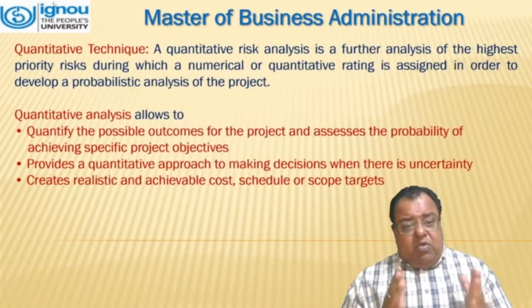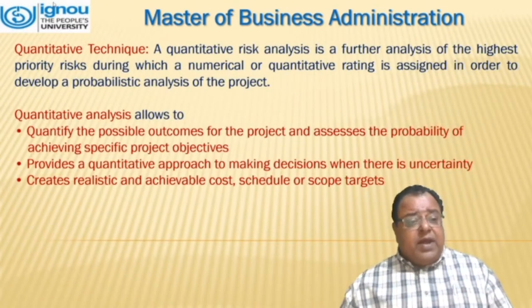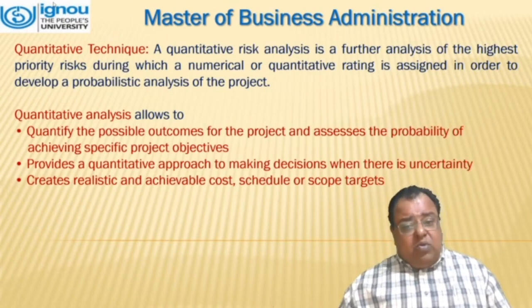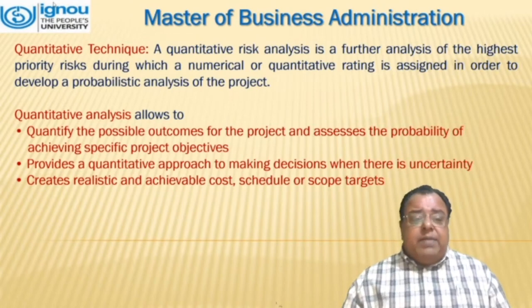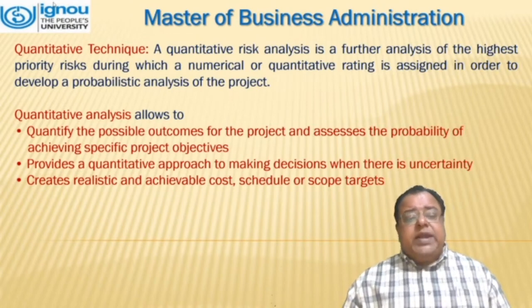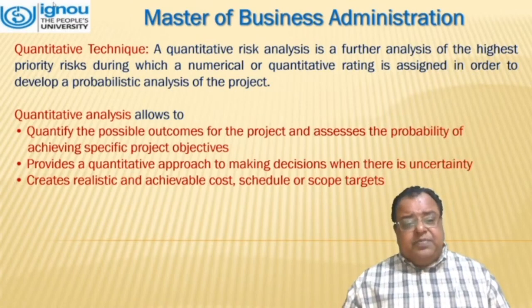Quantitative technique. A quantitative risk analysis is a further analysis of the highest priority risks, during which a numerical or quantitative rating is assigned in order to develop a probabilistic analysis of the project. Quantitative analysis allows us to quantify the possible outcomes for the project and assess the probability of achieving specific project objectives.